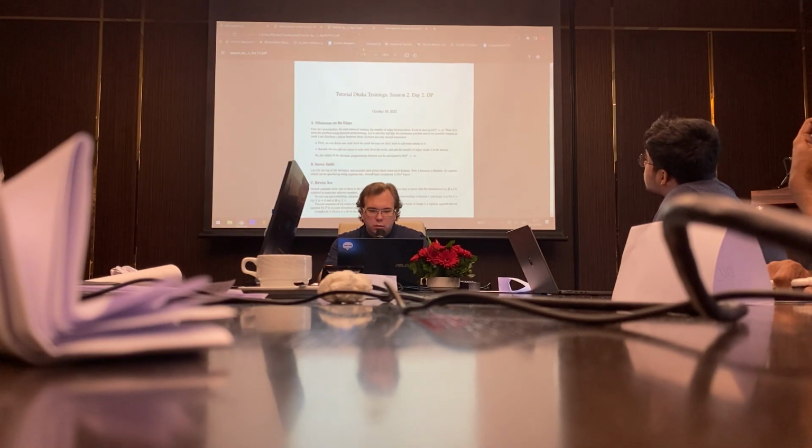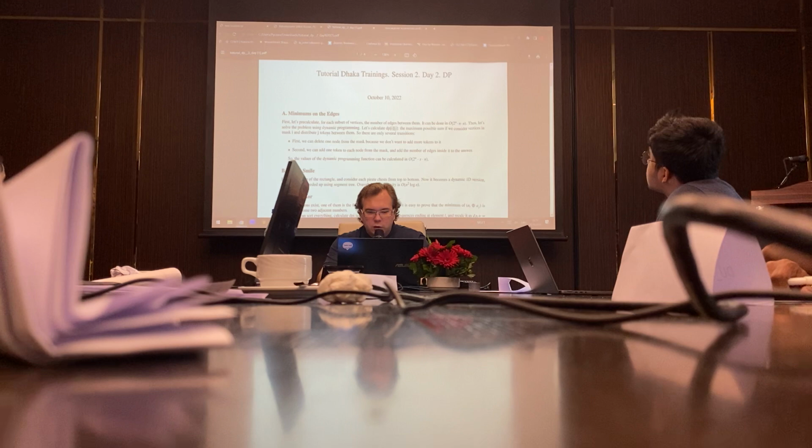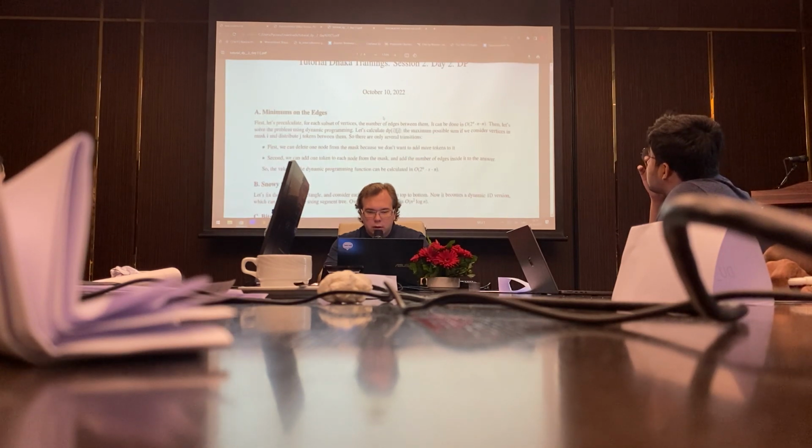In the tutorial we have the same explanation: the maximum possible sum for the mask and k tokens, and these two variants.